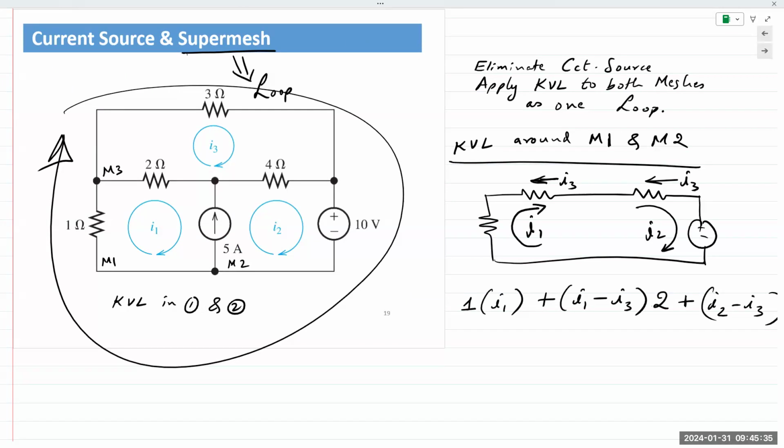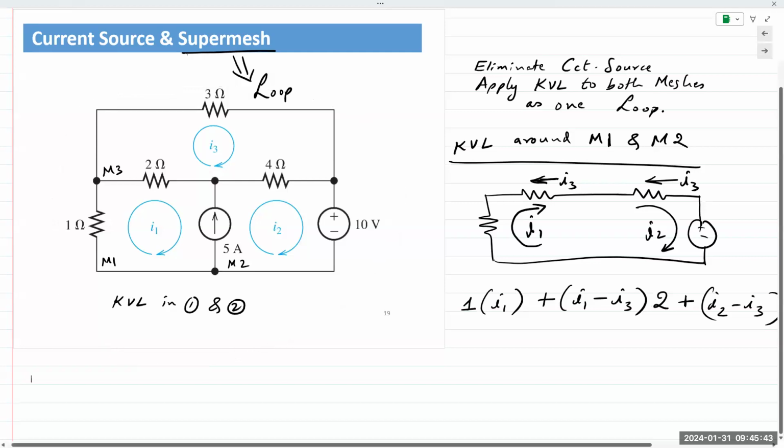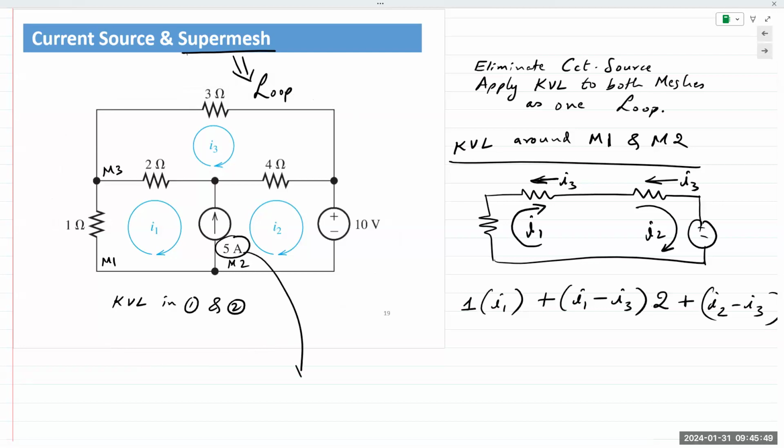Yes. Yep. That's from the previous example. And here, the point being made was we can describe 5 amps in terms of the 2 mesh currents. So I2 minus I1 would be equal to 5.